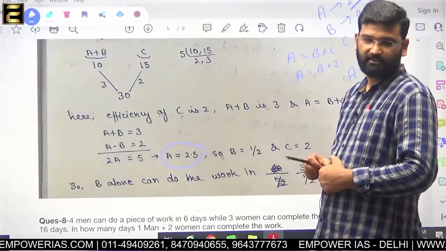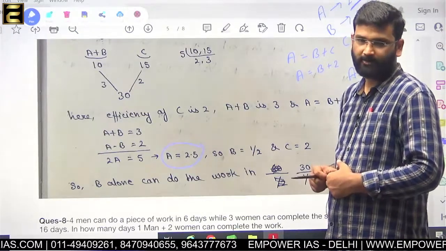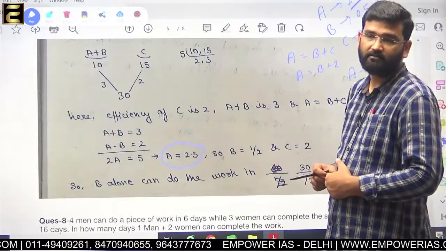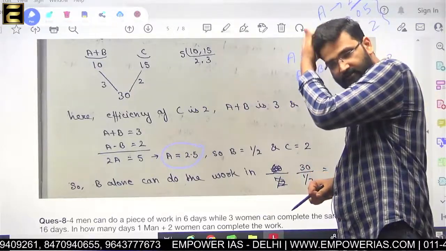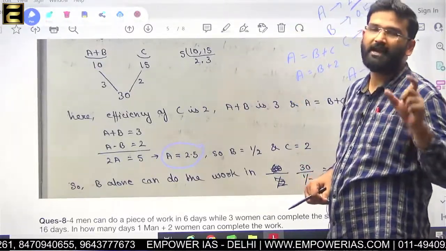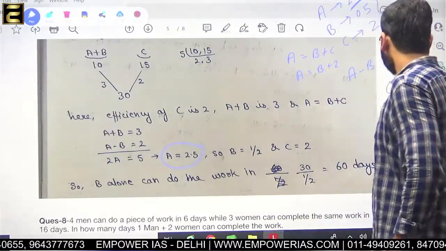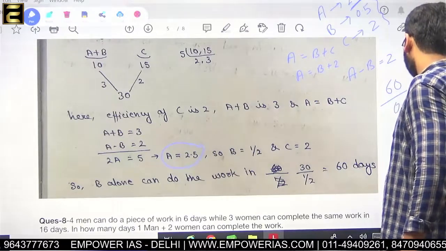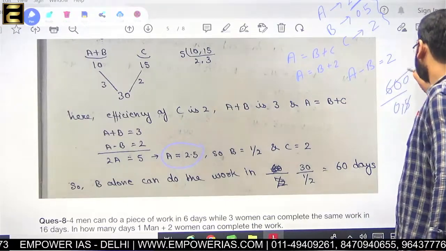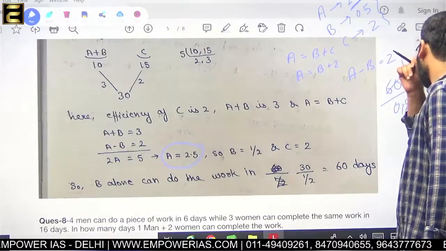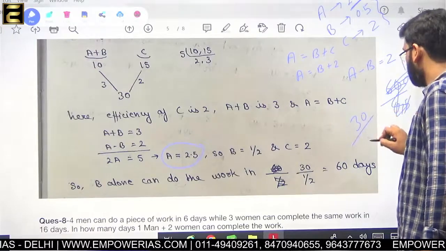Now what has been asked in the question is how much time B alone will take to complete the entire work. The efficiency of B is what we have calculated, 0.5, and the unit of work is 30. So if 30 is the unit of work and B is doing 0.5 unit per day, then how much time will be taken by B? 30 upon 0.5.